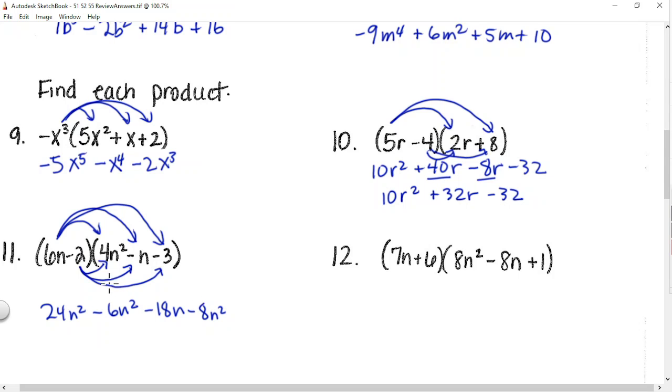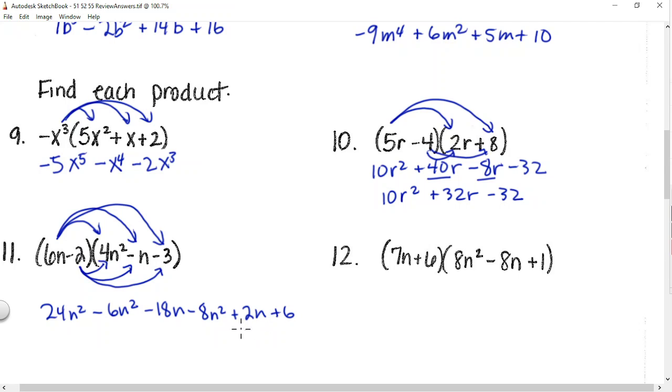Negative 2 times negative n is positive 2n. Oh, I made a mistake here. Wait a second. No, I didn't. Negative 8n squared plus 2n. Yeah, that's right. And then negative 2 times negative 3, that's positive 6.